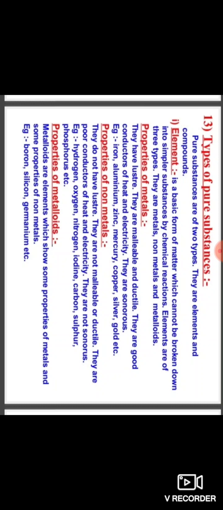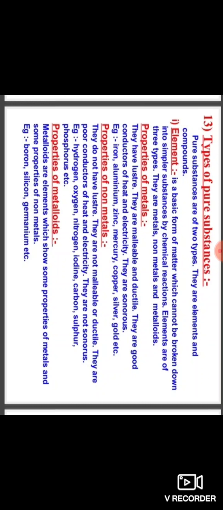And properties of non-metals. Non-metals do not have luster or shine. They are not malleable or ductile.